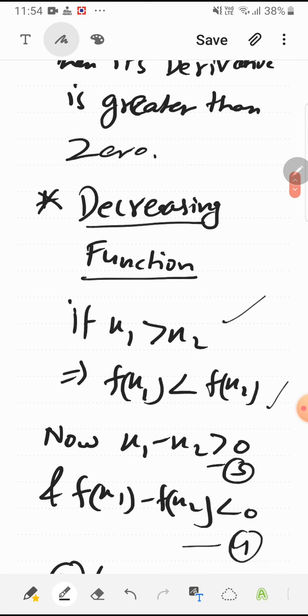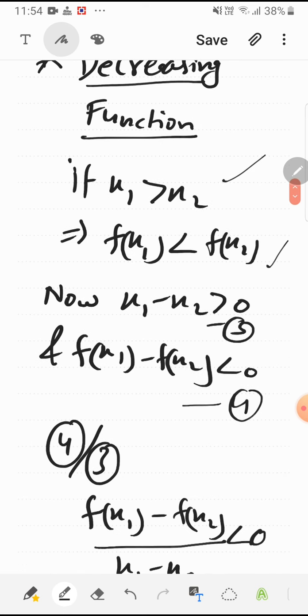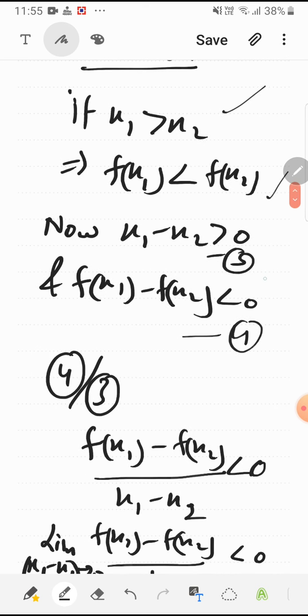Now x1 minus x2 is greater than 0, because x1 is greater than x2, and f of x1 minus f of x2 is less than 0. So dividing inequality 4 by 3, this is negative, this is positive, negative over positive is negative, so that (f of x1 minus f of x2) upon (x1 minus x2) is less than 0.